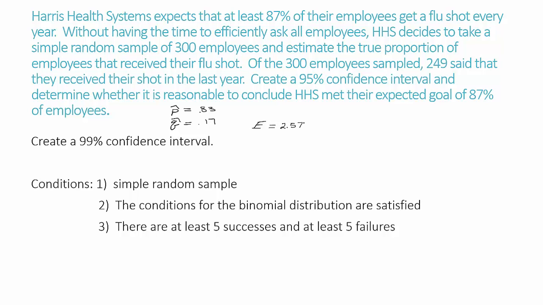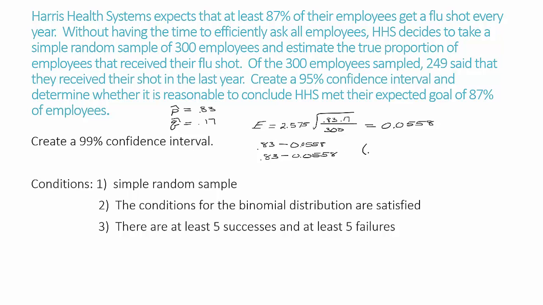And then we have the square root of p hat times q hat divided by our n, which is 300. I put that on my calculator, and I came up with 0.0558. To find my confidence interval, I take my point estimate, 0.83, and I subtract that. And I take my point estimate, and I add that value.